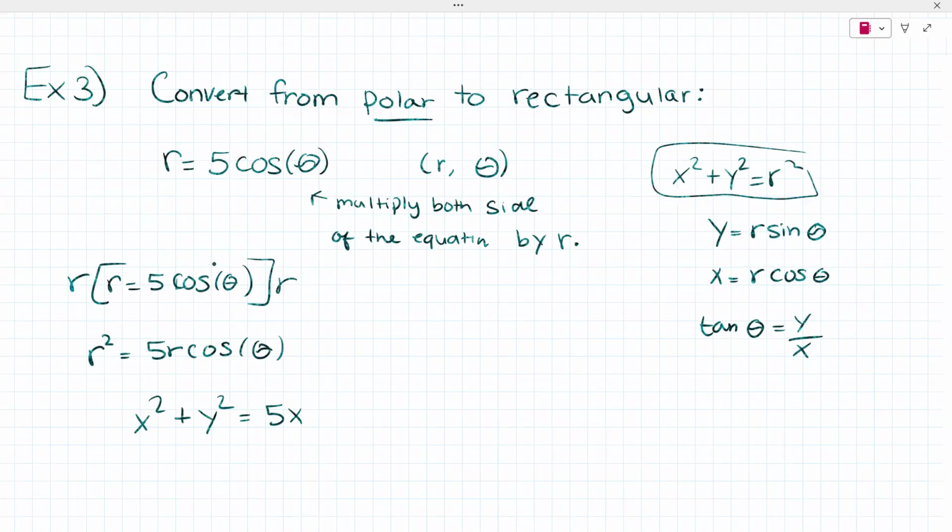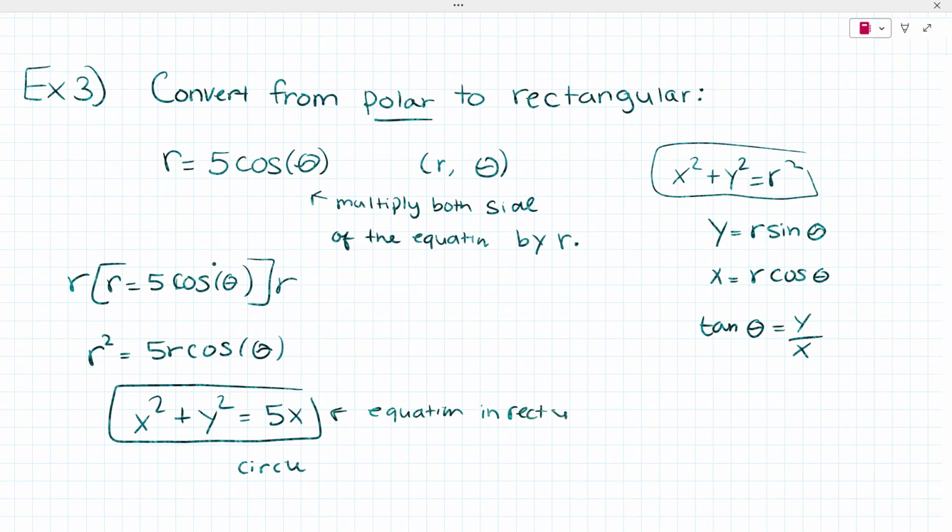And as you can see, this is a circle. And believe it or not, this is the equation in rectangular. Okay, so that's all they really want for that example.